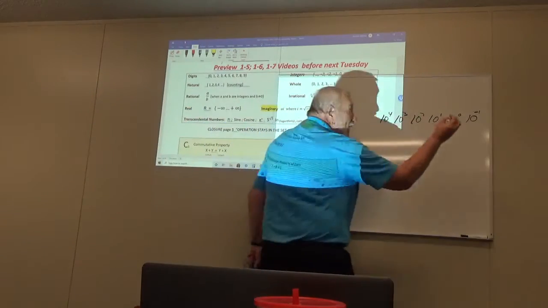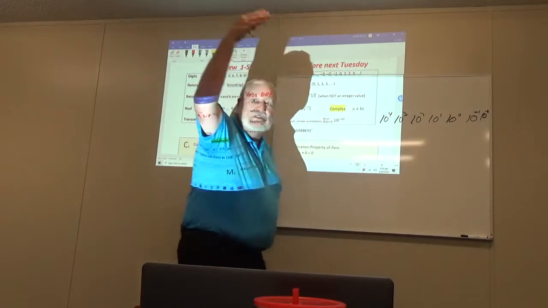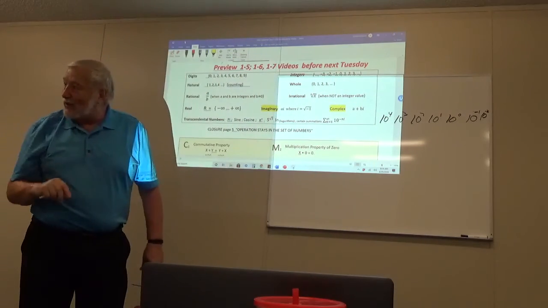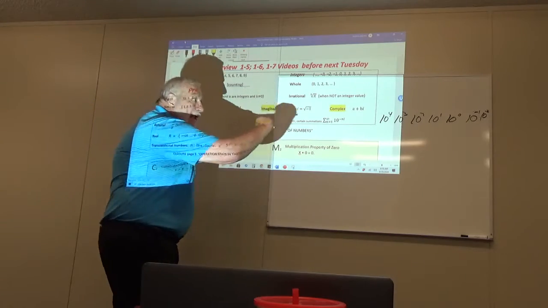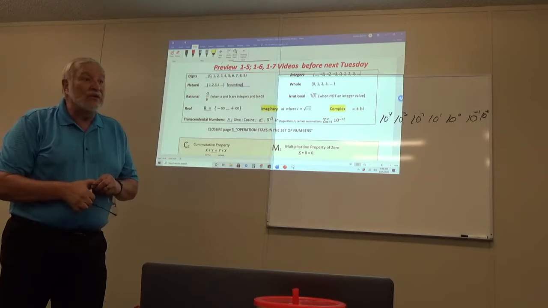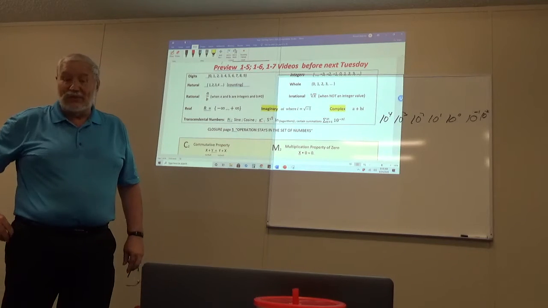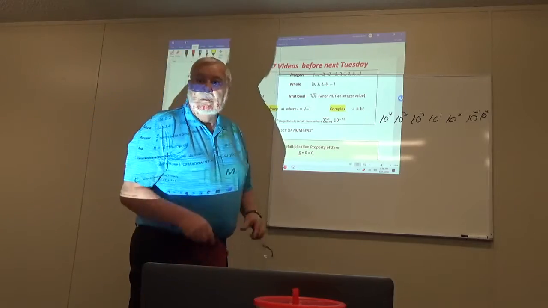The number after that is 10 to the negative 2, which is 1 over 100, called 100th. And so the names of our number system come from the powers of 10 because we have a decimal system.